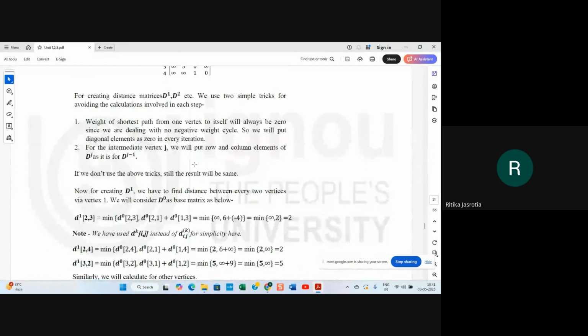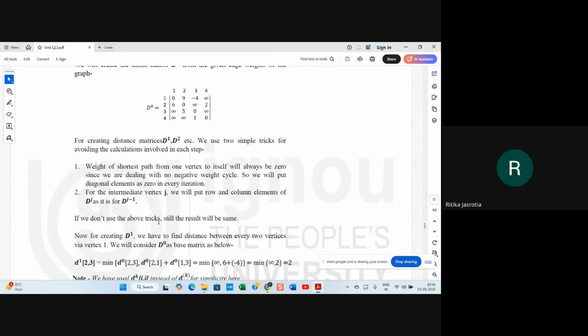Infinity. And then D0 2, 1 plus D0 1, 3.